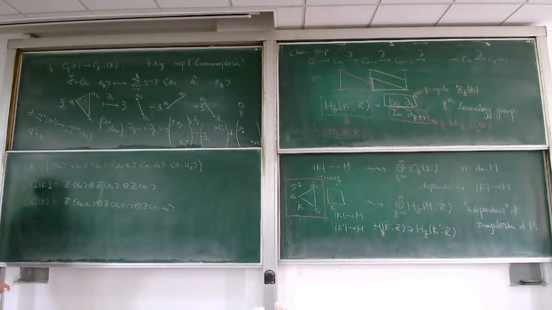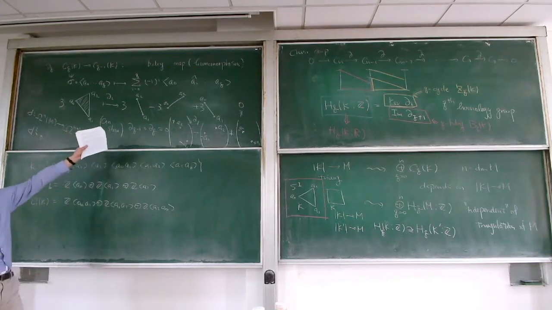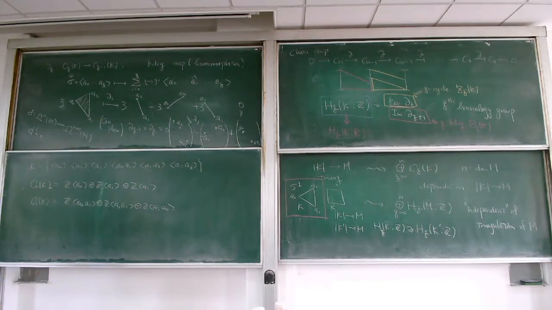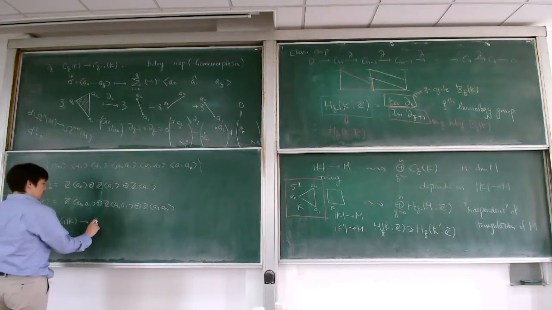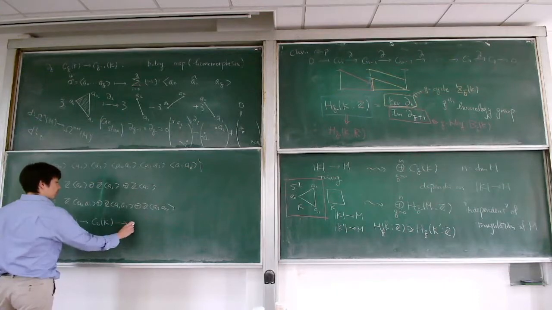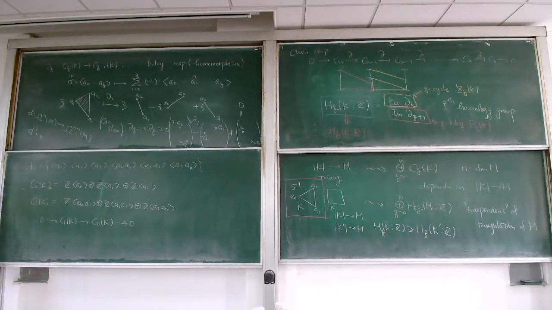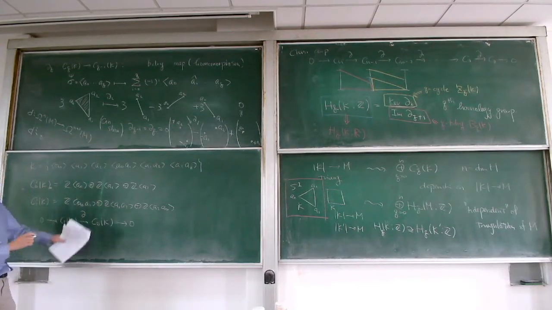What you can easily imagine is that if you consider C1(K) and C0(K), this chain complex and its boundary map, we already did the exercise over there.